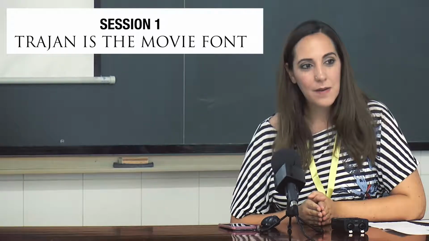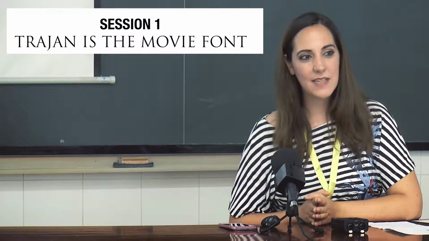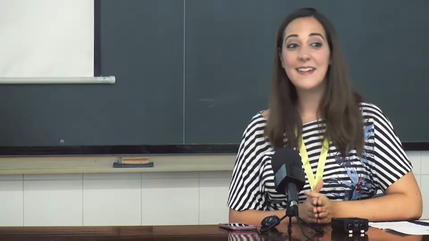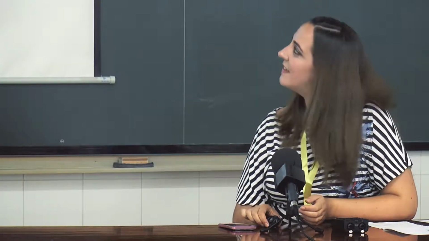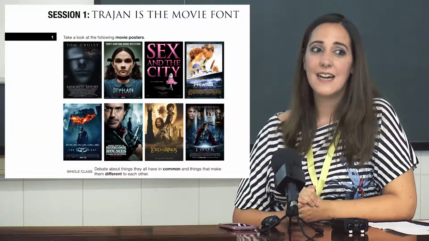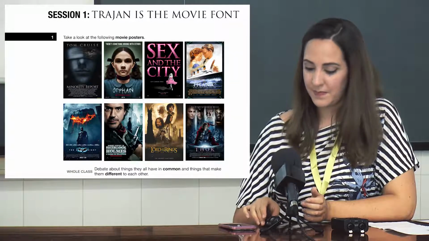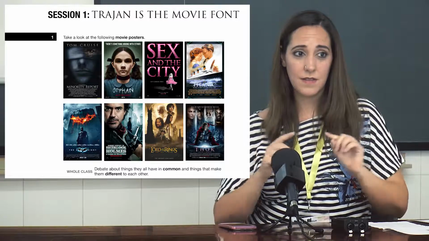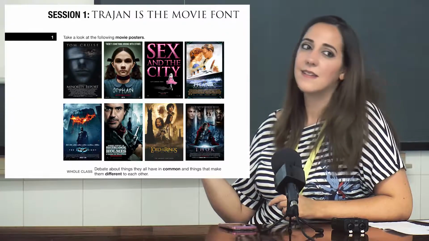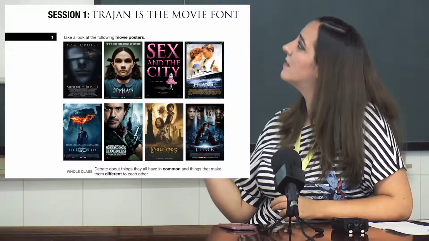Does anybody know here what Trajan is? Have you ever seen it? No? I bet you have. Some of these are written in Trajan. Trajan is the name of the font that is displayed. Minority Report is written in Trajan.